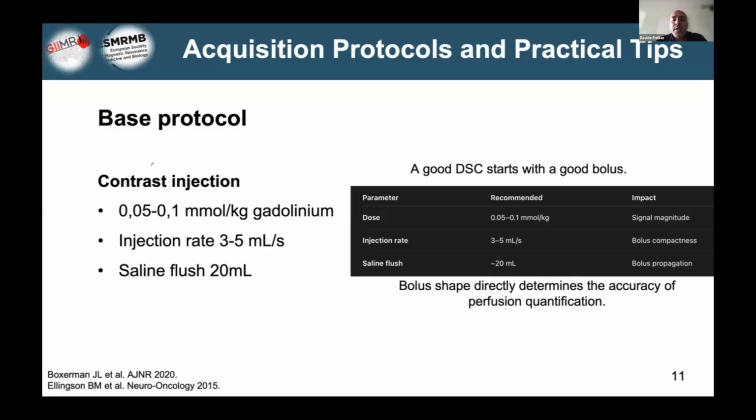To ensure a compact and well-defined bolus, a saline flush of around 20 milliliters is then used to push the contrast through the circulation and maintain the bolus integrity, and this is very important. If the bolus is too slow or dispersed, the signal drop becomes less pronounced and the accuracy of the measurements is compromised.